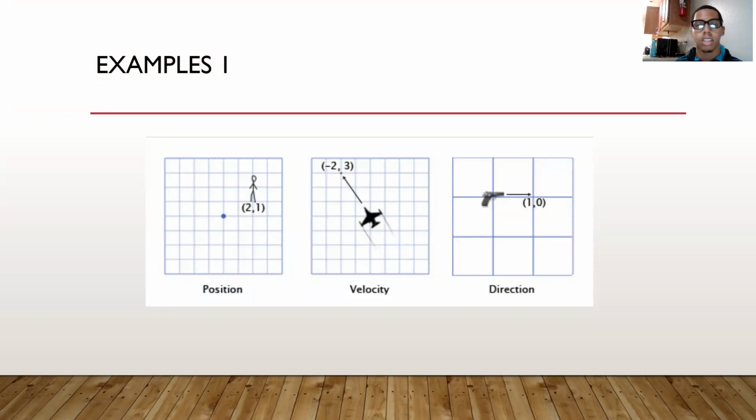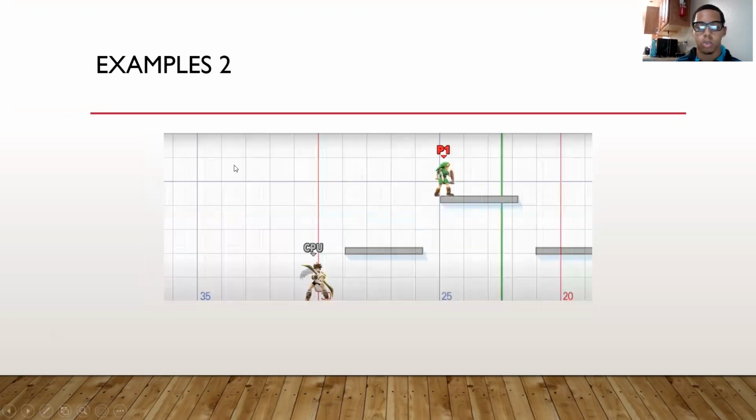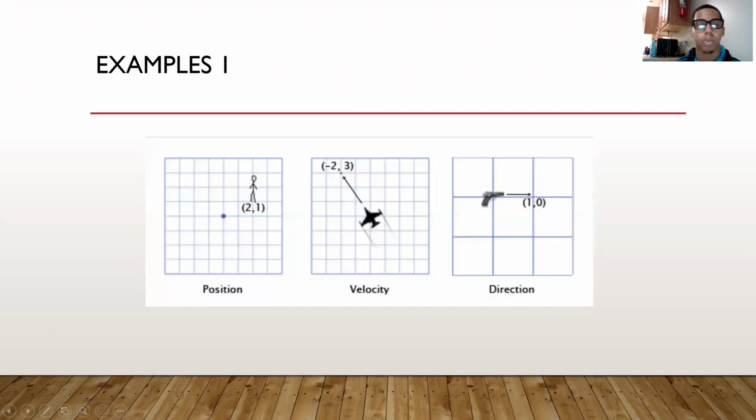As mentioned, the first thing I said was linear algebra in game development allows for us to see the position, velocity, and direction of an object. Here, what I want you guys to do is start to think of vectors as they would be placed on a graph. Here on the position graph, we have a person standing at the 2, 1 coordinates.